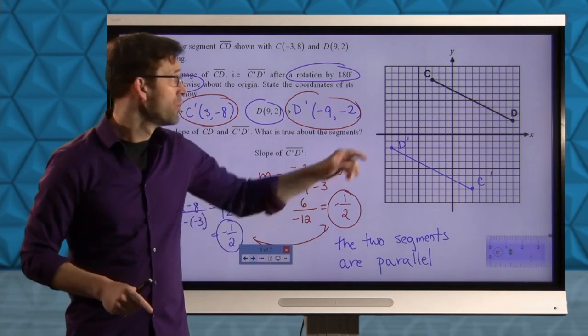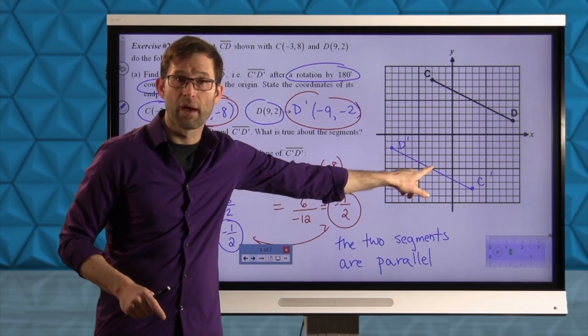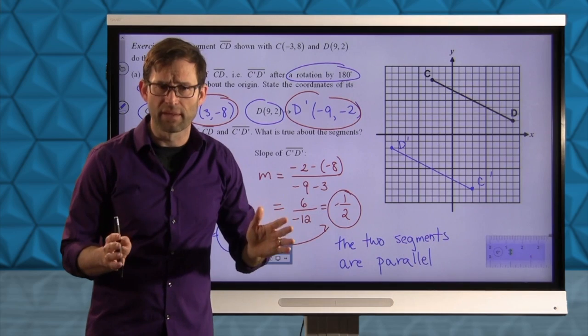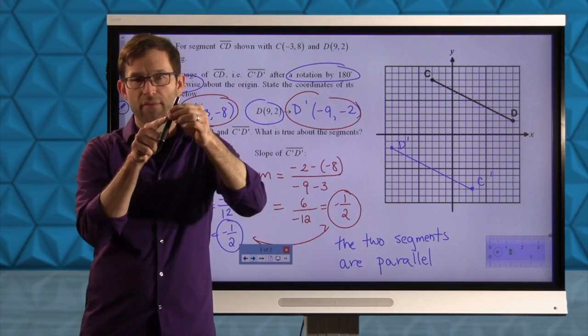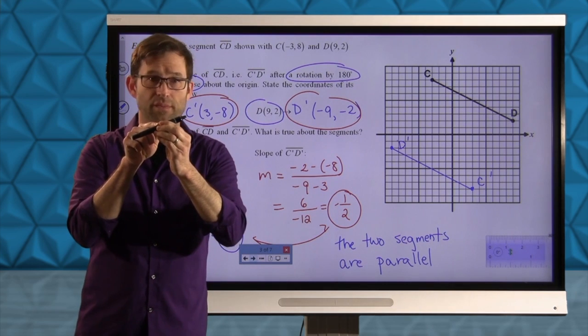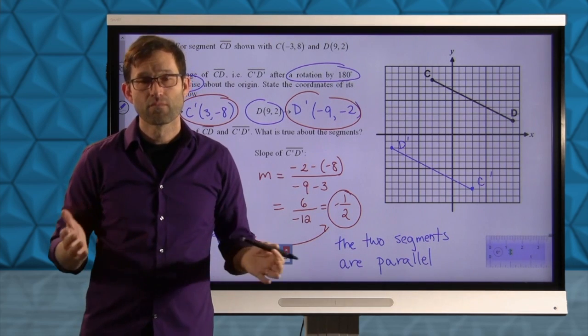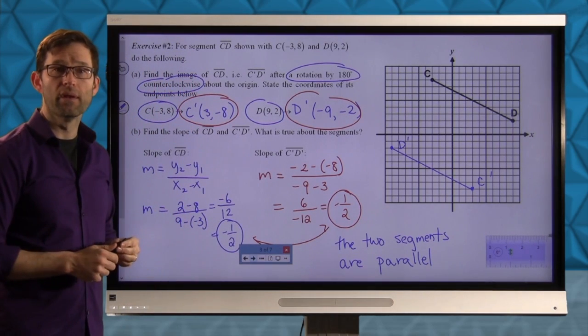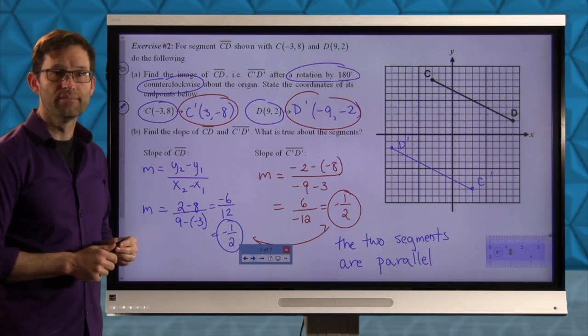Again, if you actually rotated a line by 180 degrees about a point on the line, it would just land on itself, and I hope that makes sense. I mean, that's just me saying, if I have this and I twirl it 180 degrees about any point, it just kind of lands on itself. Anyhow, step back, take a look, copy down what you need to, and then we're moving on.